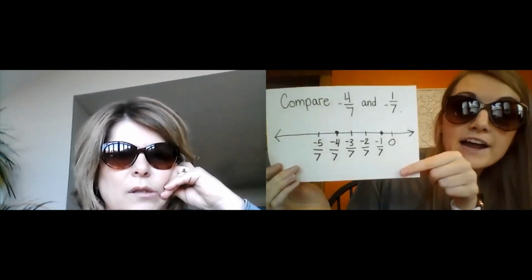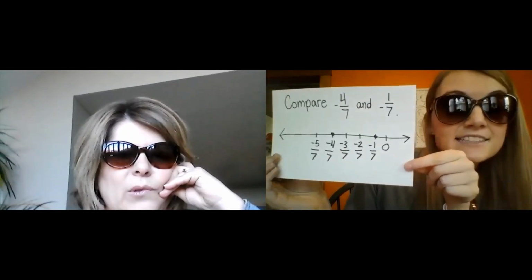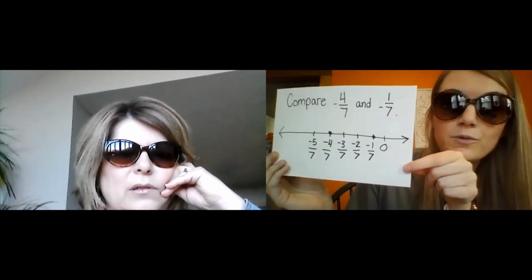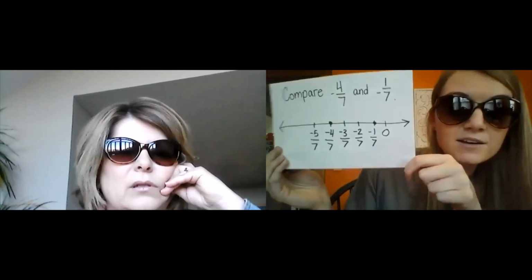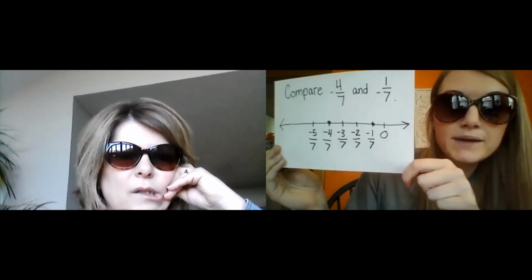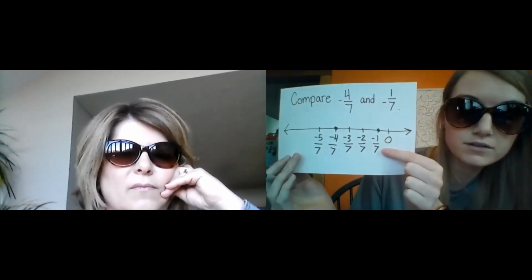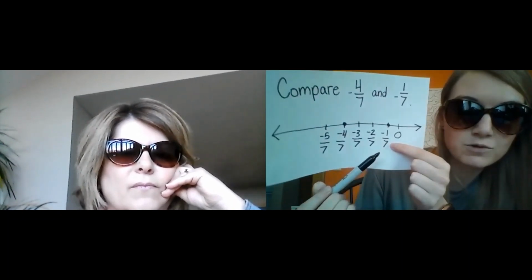All right, so if you remember, with negatives it's a little bit backwards. You might be thinking to yourself, well, automatically 4 is bigger than 1, so that one has to be bigger. But the reason we use a number line is to help us out, because the biggest number is going to be the one that's closest to 0. So my bigger one is actually -1/7.